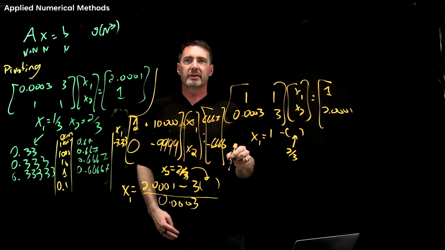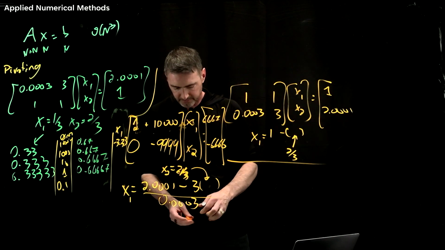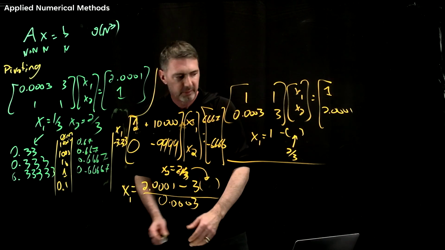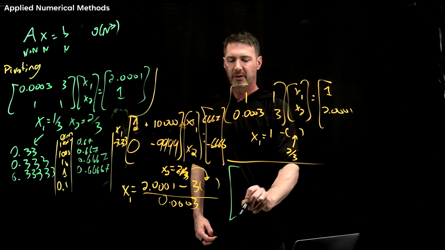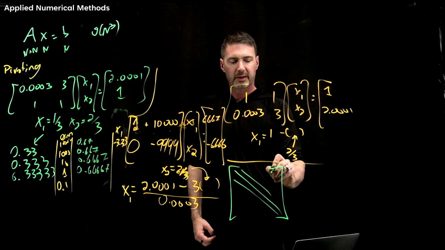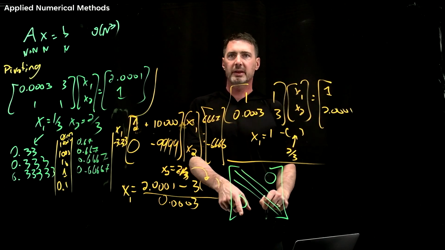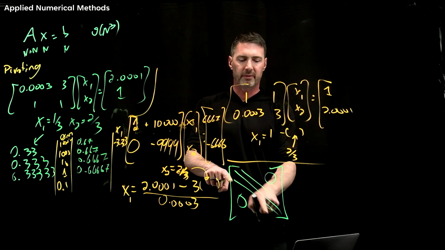There are other matrices, and I'll switch back to green. So I'm going to show you a couple more things. There are other matrices, if your discretization gives what's called a tri-diagonal matrix, and we'll show some of this. So this is basically values on the diagonal and values on the off diagonal.